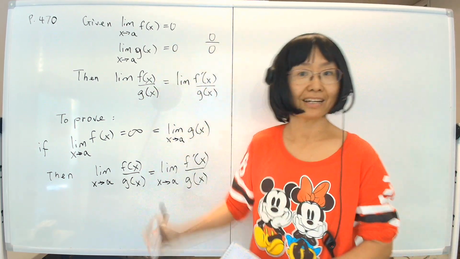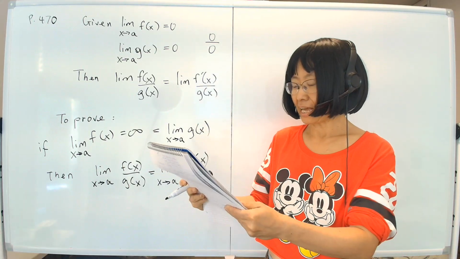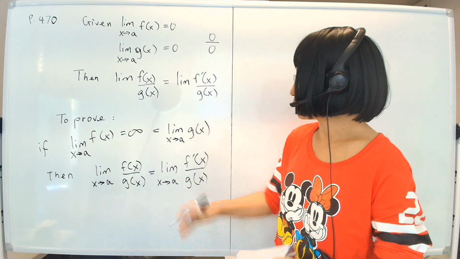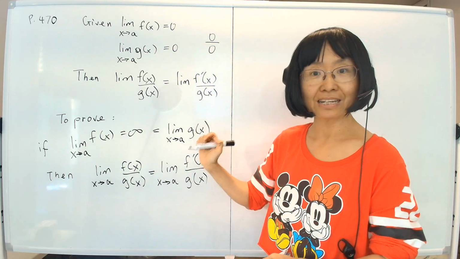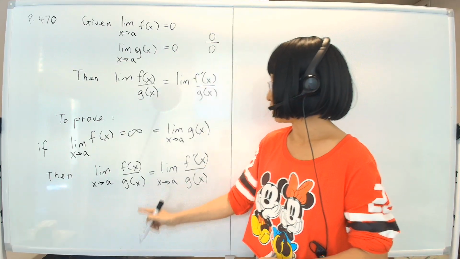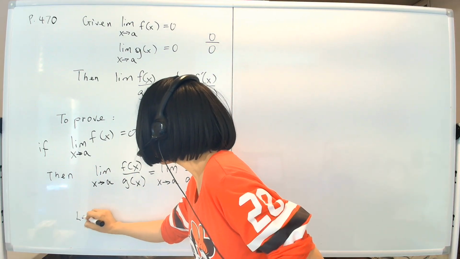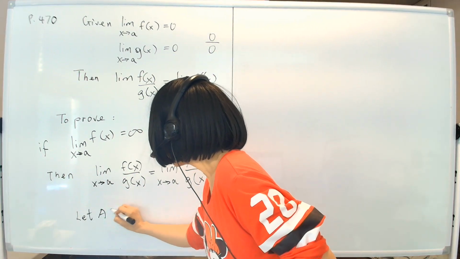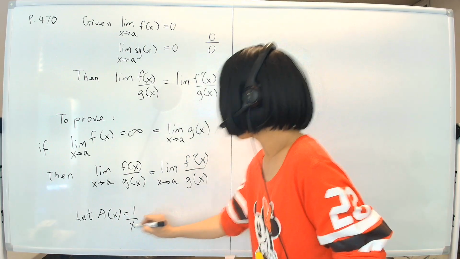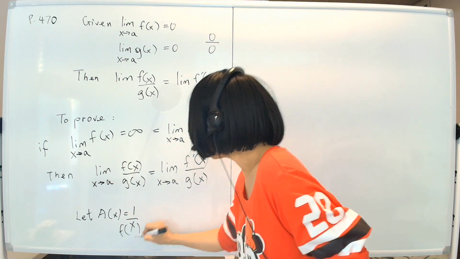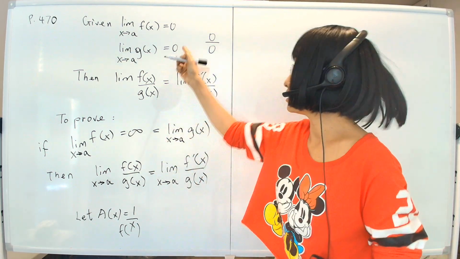Like I said, just setting up the problem alone takes quite a while. Now to do that, we're going to beat this thing into looking like that, so that we can take advantage of what's given. To do that, let a of x equal 1 over f of x. Then this condition applies.